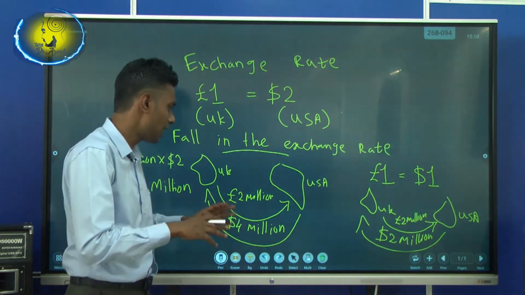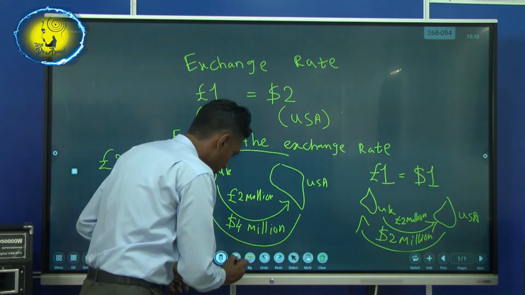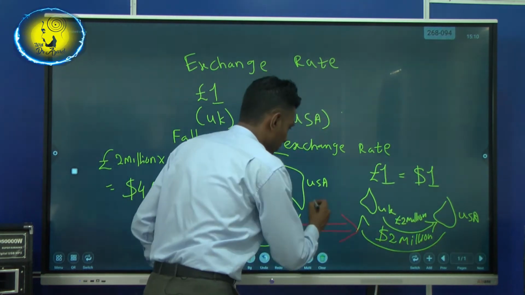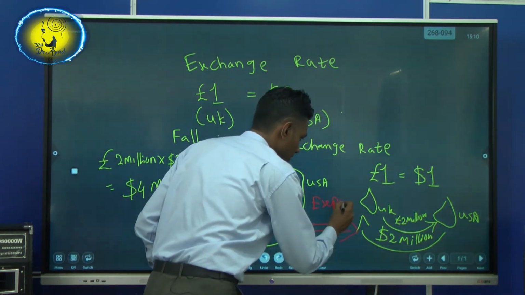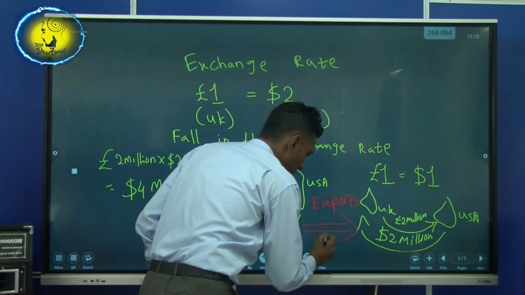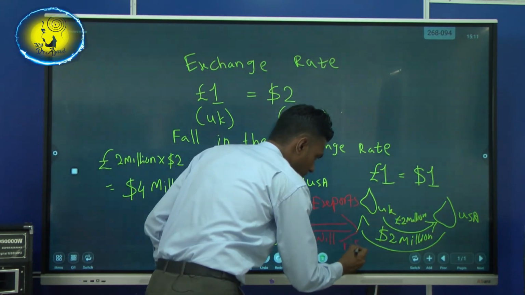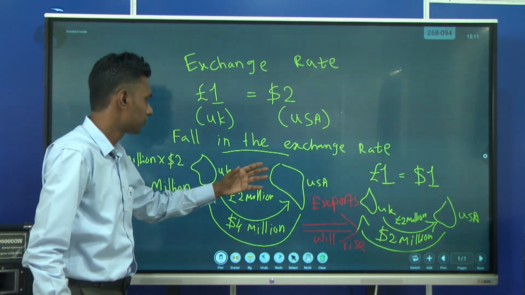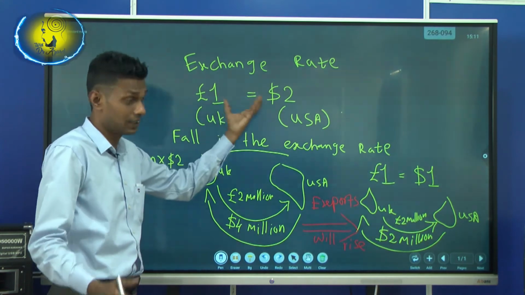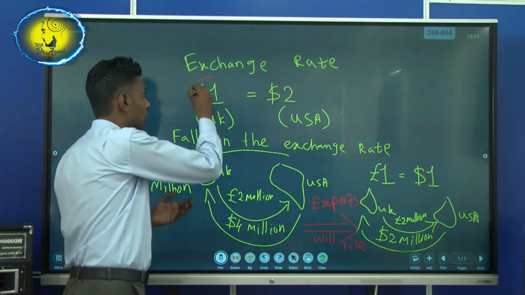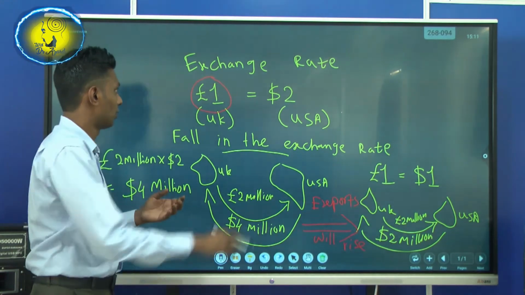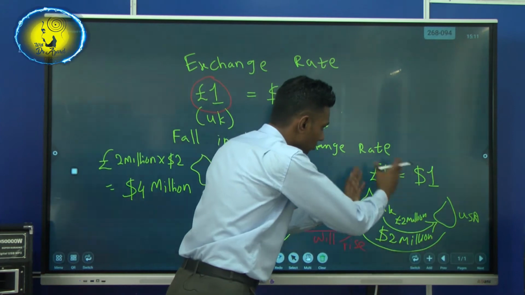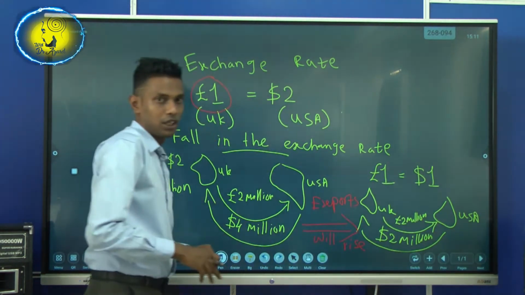What has happened? What will happen to the exports? The exports will rise if the exchange rate falls compared to the domestic economy. Always consider the domestic economy. Over here 1 pound equals $2 went down to 1 pound equals $1.